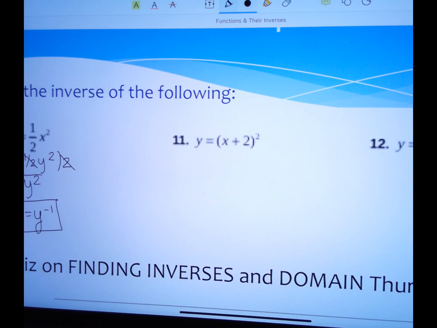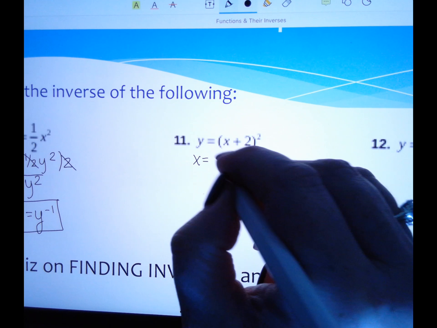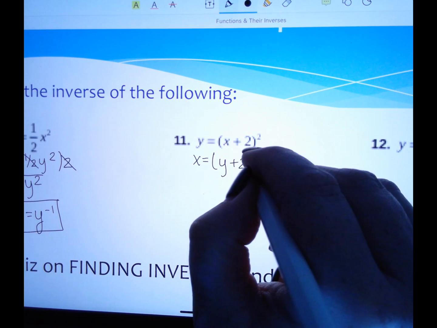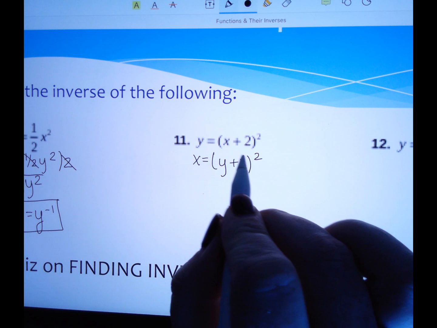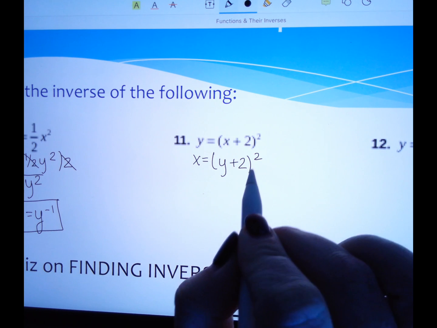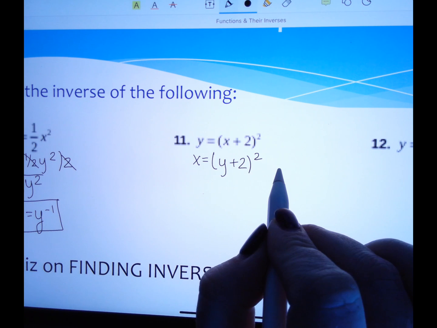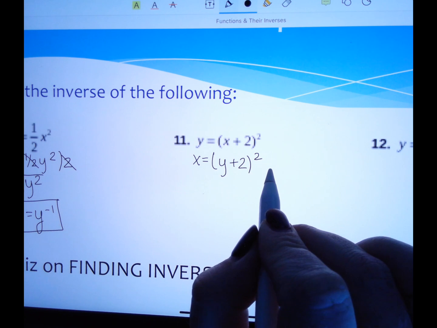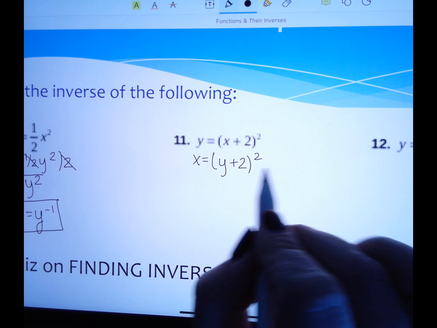Okay, now we're going to look at the second one. I'm going to put my x equals y plus 2 squared. Now, since this whole side right here is being squared, we're going to square root. Instinct is to say y plus 2 times y plus 2, because we know that y plus 2 squared is y plus 2 times y plus 2.